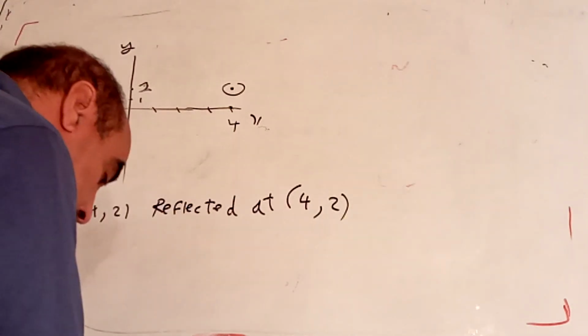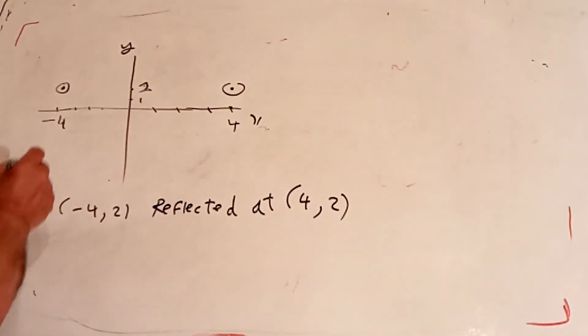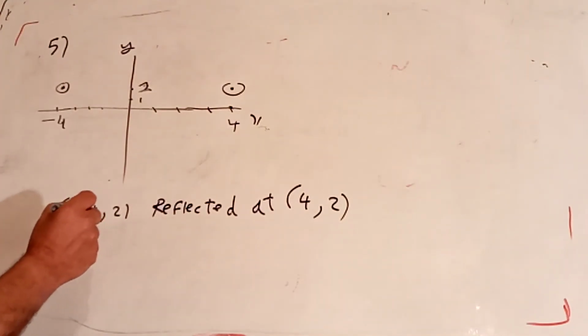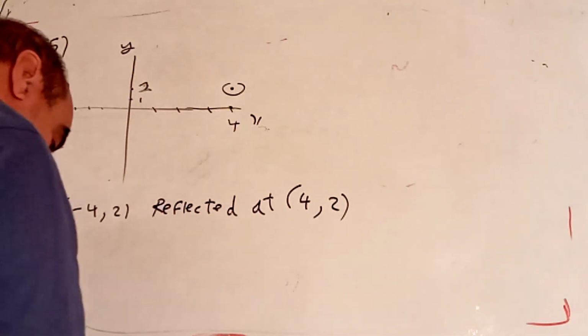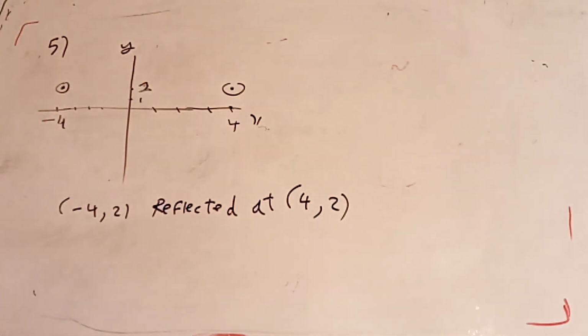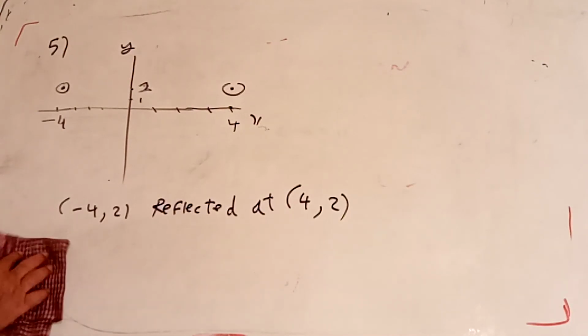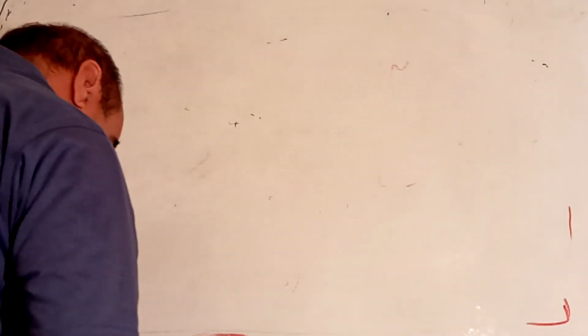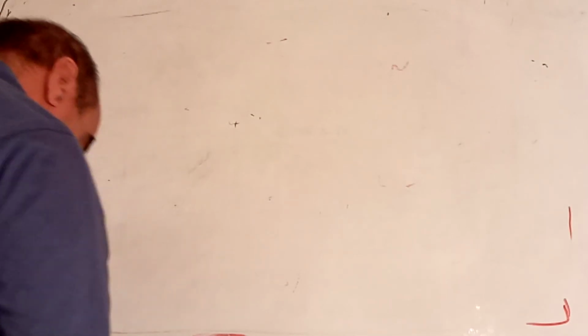Let's do number 6. This is number 5. Sorry, I have to erase, okay? Number 6. The point is -6 and 3.